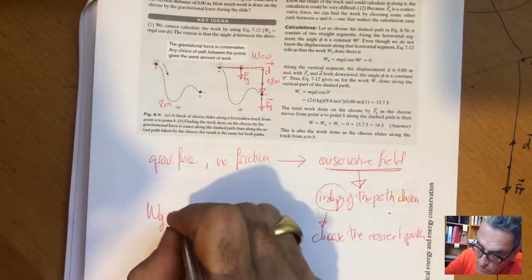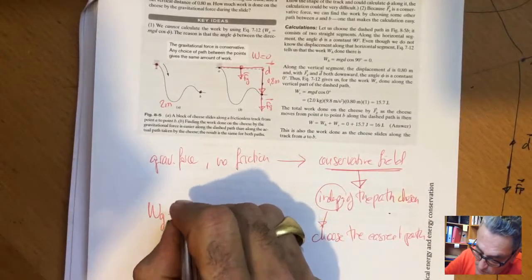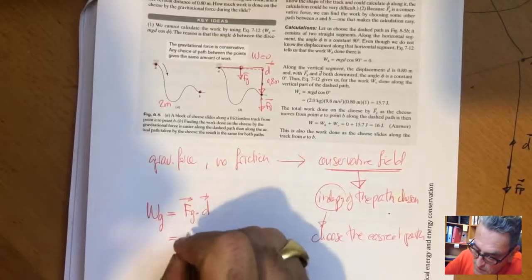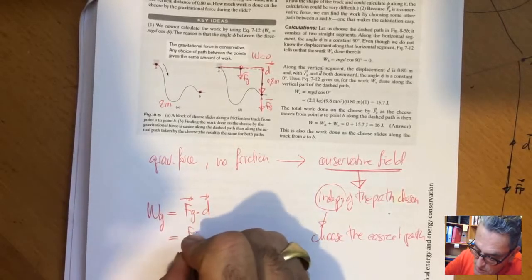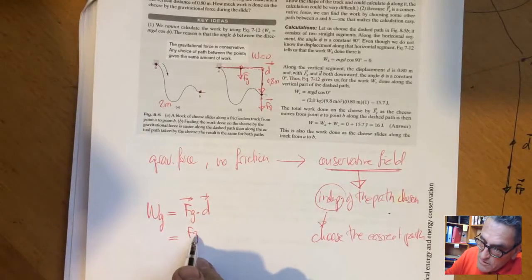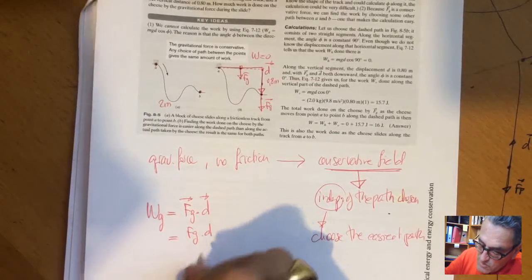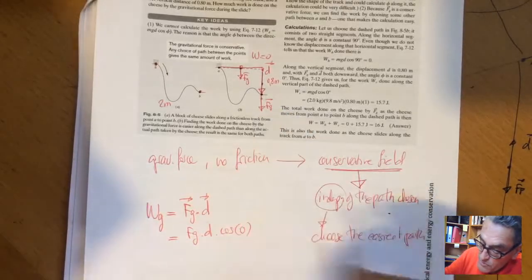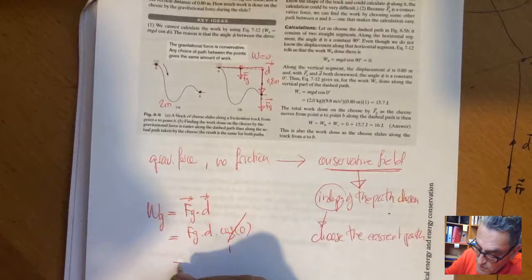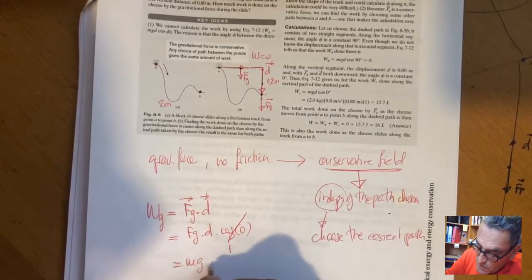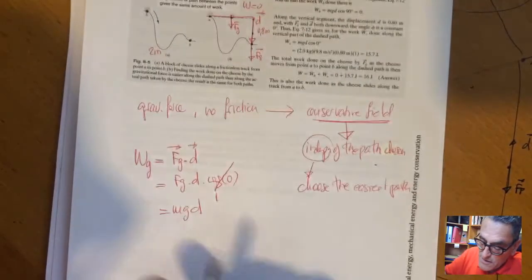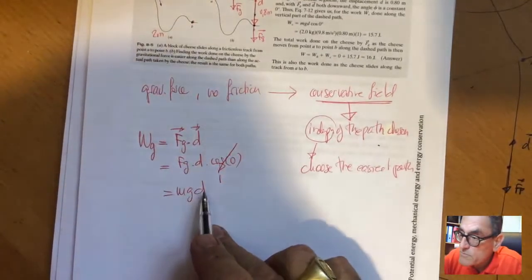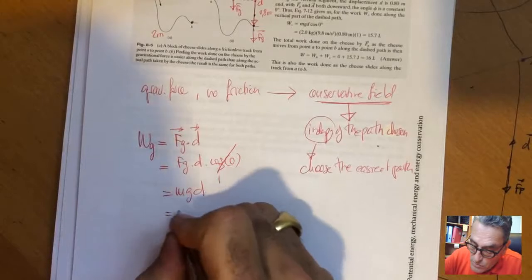The work of the gravitational force is the gravitational force scalar product with the distance. So it's the intensity of the gravitational force times the length of the distance times the cosine of the angle, but the angle between the two is 0, so this is 1, and Fg is m times g, and so the work of the gravitational force is mgd. So you can compute it immediately.